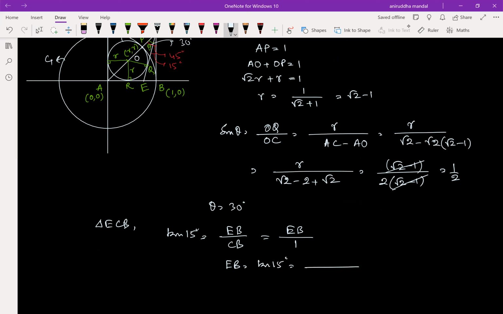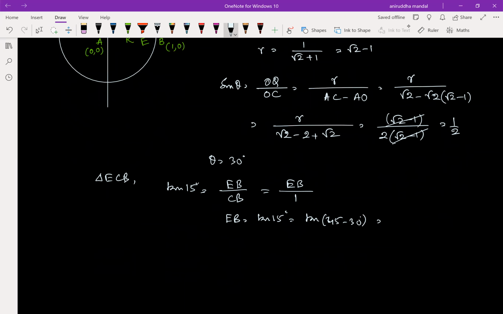Tan 15 is tan of 45 minus 30, so we can use the tan A minus B formula: tan A minus tan B divided by 1 plus tan A tan B. So we can write this as 1 minus 1 over root 3, divided by 1 plus 1 over root 3, so this is root 3 minus 1 by root 3 plus 1.